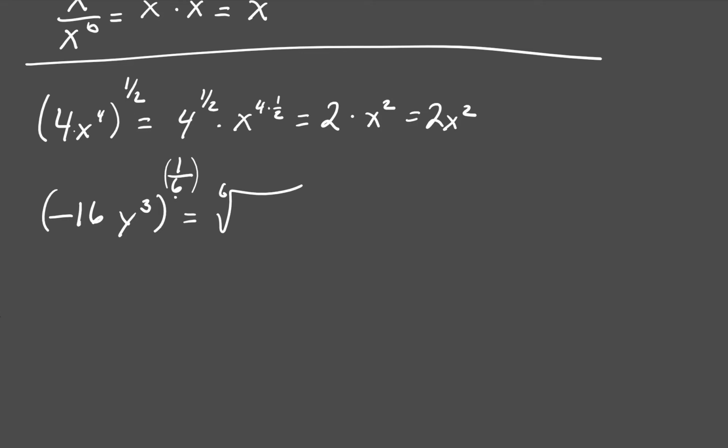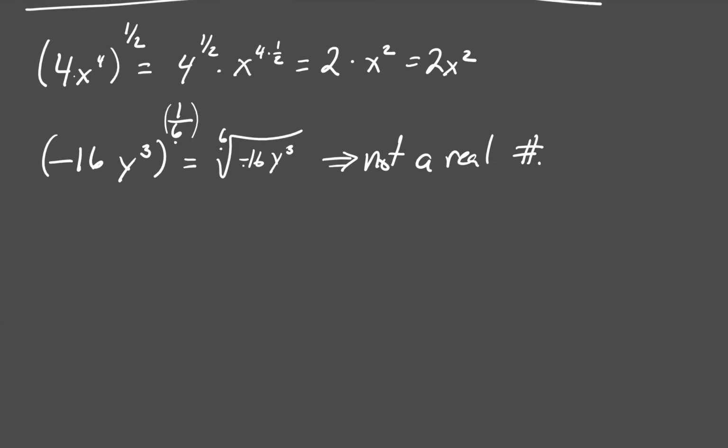This would be the 6th root of negative 16 y cubed. And I've got a negative sign inside of an even root. This is not a real number. So we can't actually write down what that number would be. We could use imaginary numbers, but we're not there yet. So we're just going to say it's not a real number.